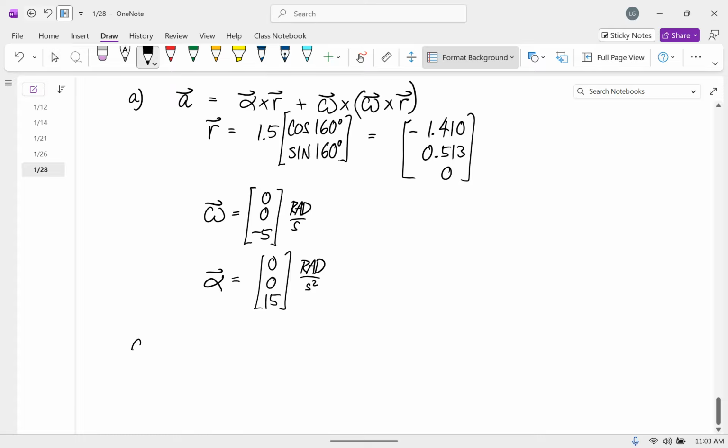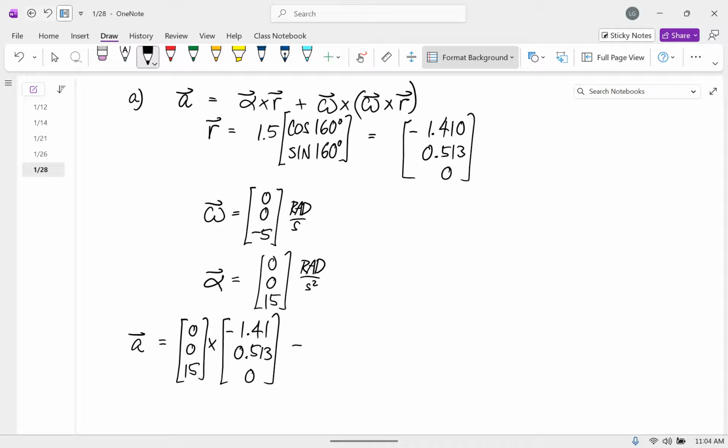And now we'll put this together. The acceleration is 0, 0, 15 crossed with negative 1.41, 0.513, 0, plus 0, 0, 15.